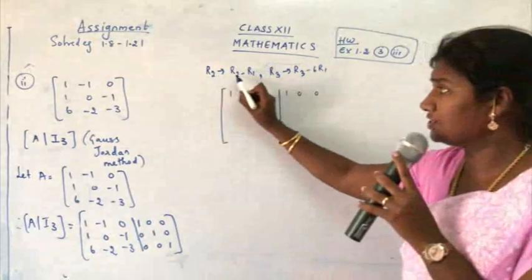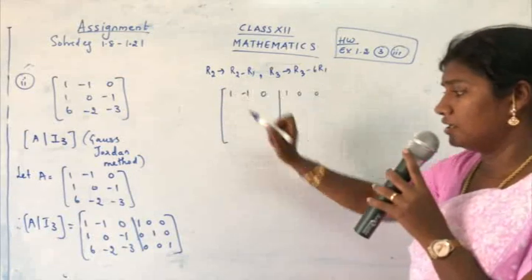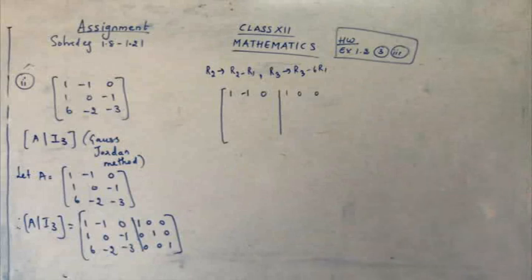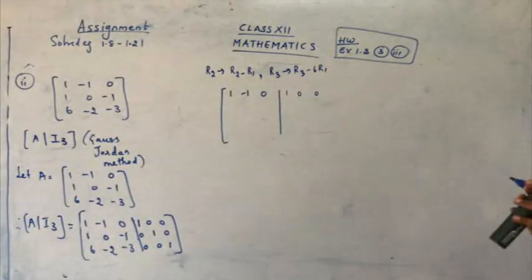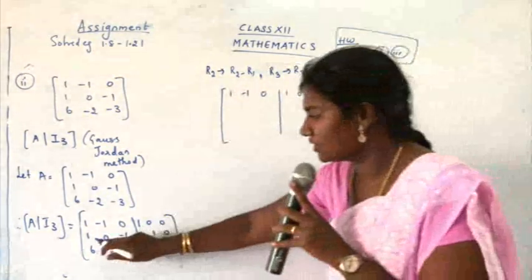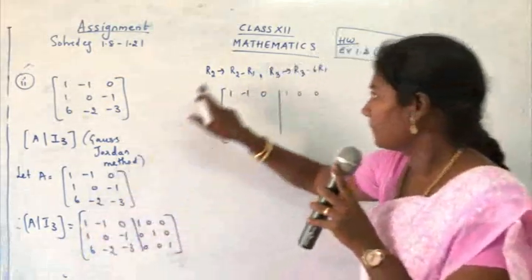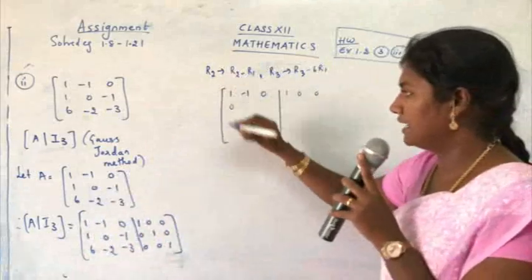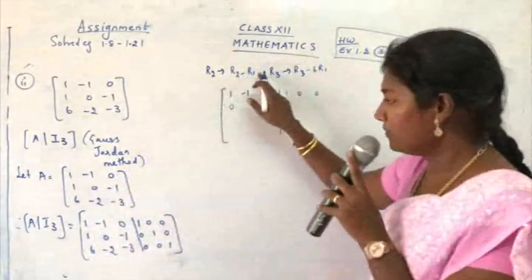Okay, so R2 is changing to R2 minus R1. So let's have a change, children. Let's try the sum. What is the first element of the second row? Yes, it becomes 0. See here, children, 1 minus 1, R2 minus R1. So 1 minus 1 is 0. Done. Good. Next, R2 minus R1.